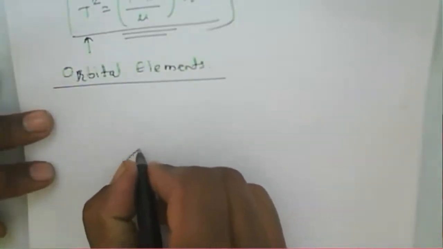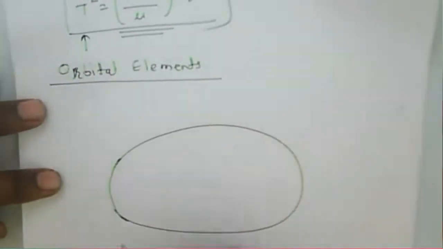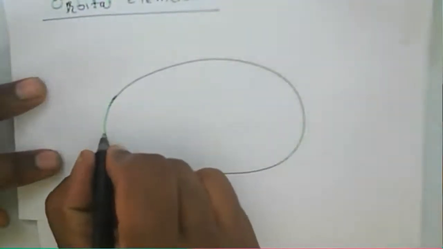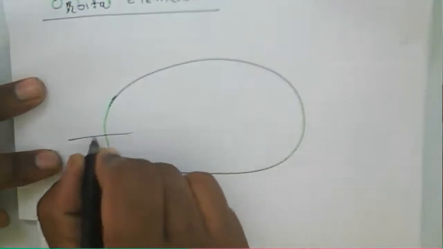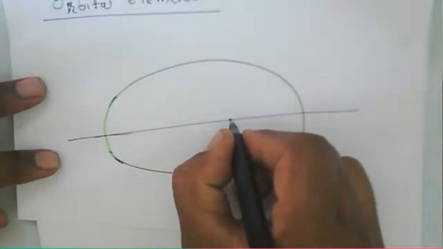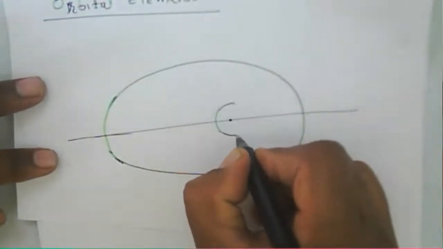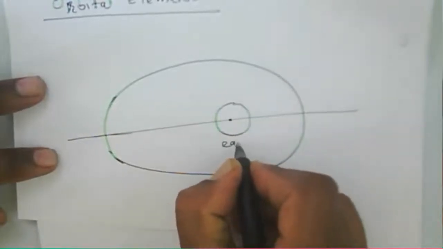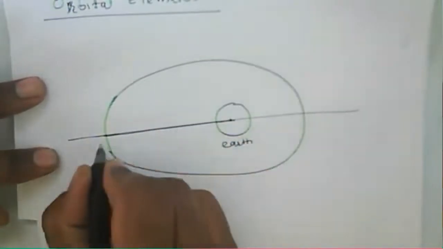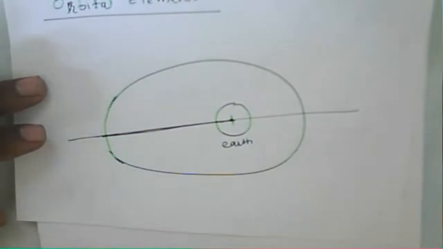Now I will draw a diagram so that you get an easy idea. I hope it looks like an ellipse now. For this particular ellipse, this is the axis of the ellipse. Somewhere we have the focus here. We consider this one as the focus, and at this particular focus there is the Earth, and this one is nothing but a distance.